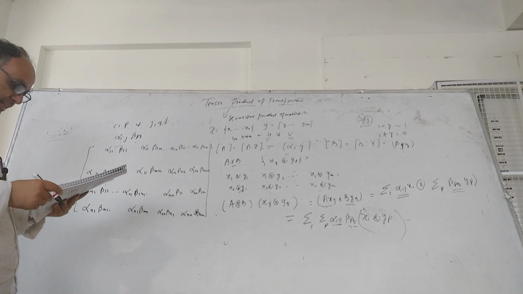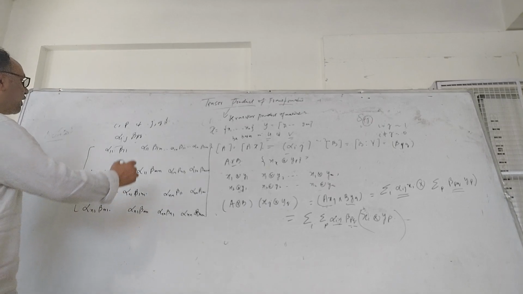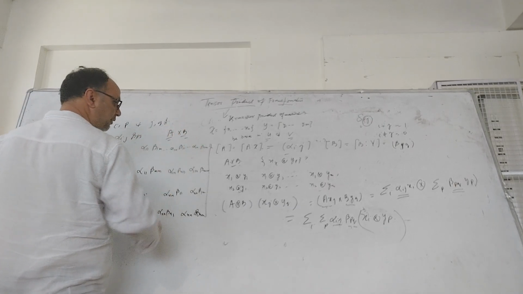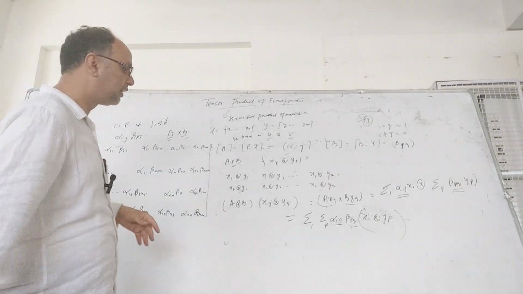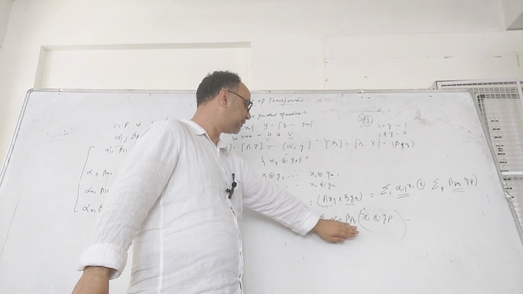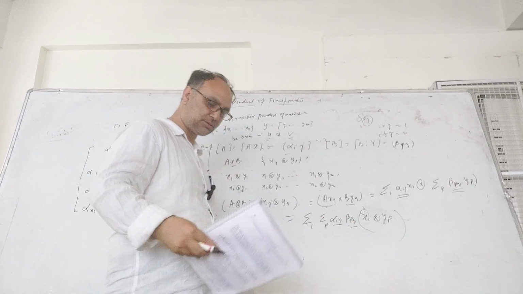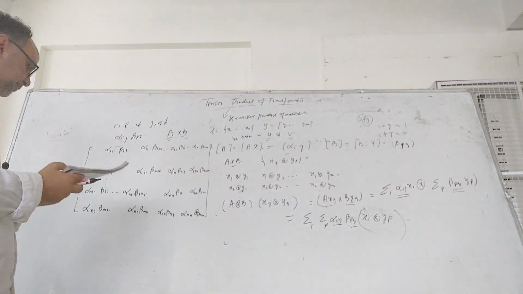You can write it as a matrix A cross B, where A and B have these elements, these rows and columns. You can see it like this.